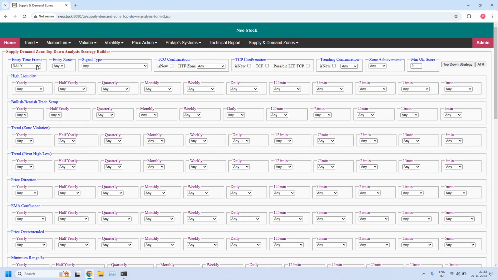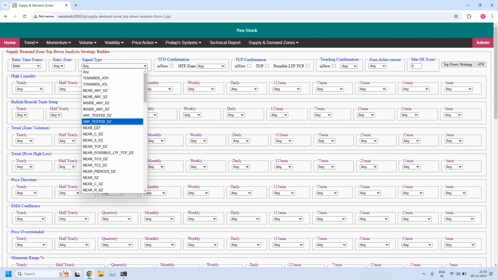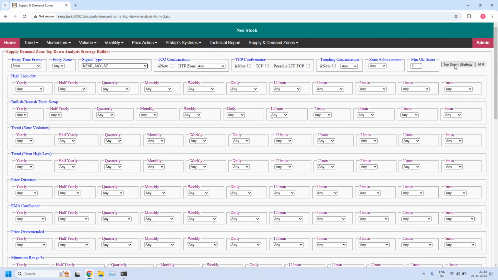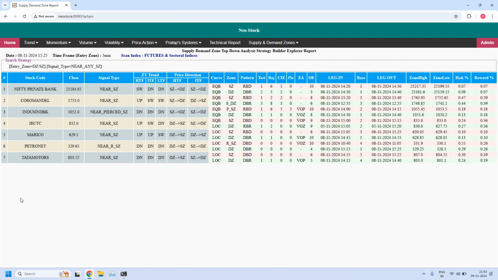Next, for 5 minutes time frame, let us find the stocks near supply zone. Seven stocks are filtered.